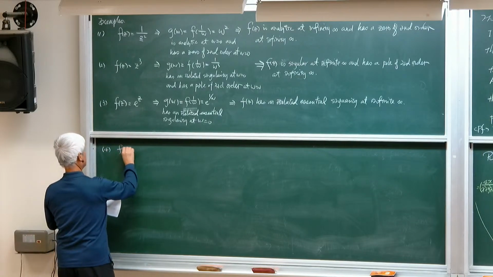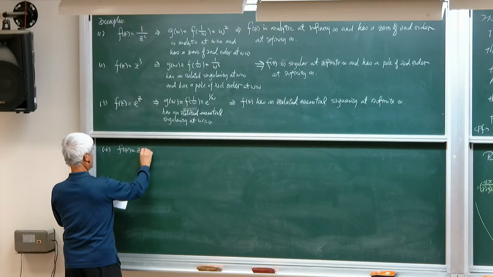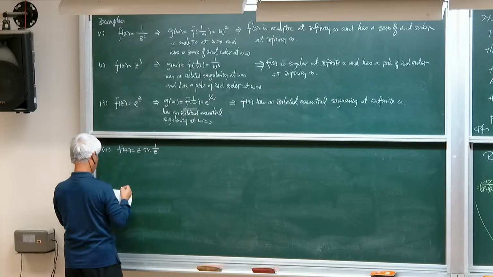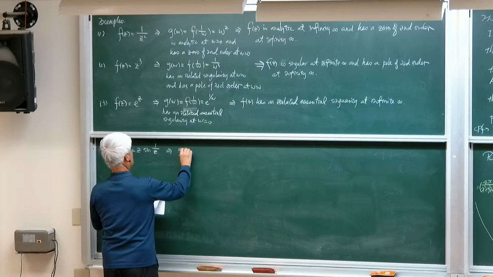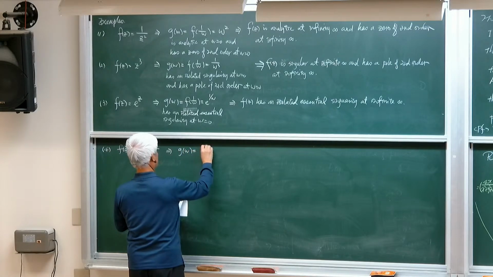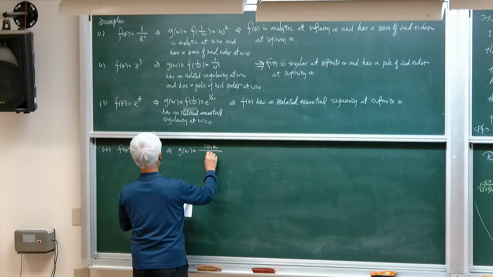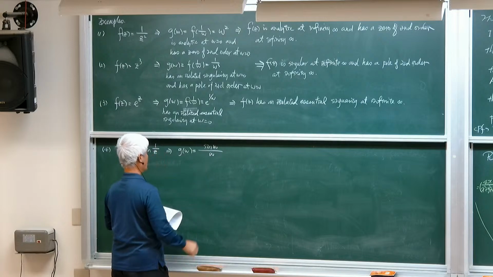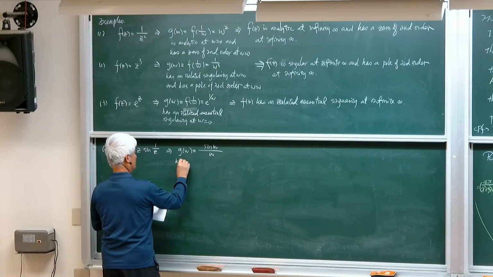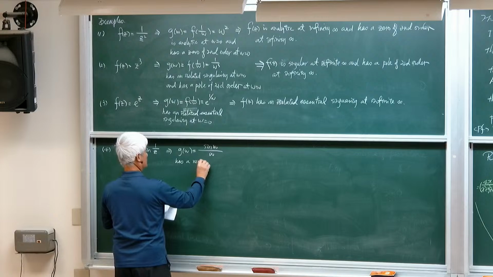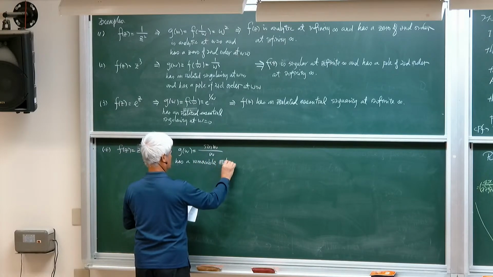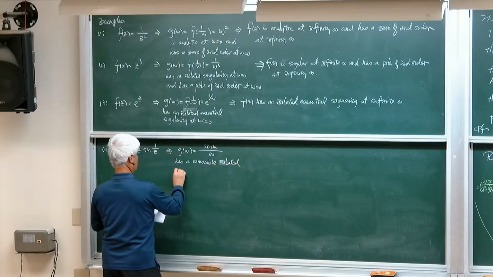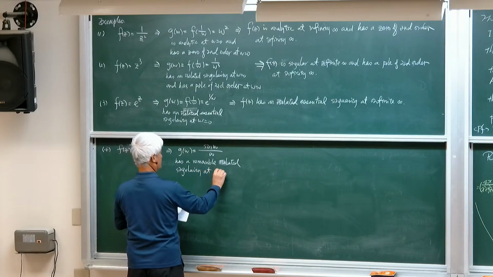Now consider the function z times sine of 1 over z here. Now this means that we have sine of w over w down here. And this function, as we know, has a removable isolated singularity at w equals 0.